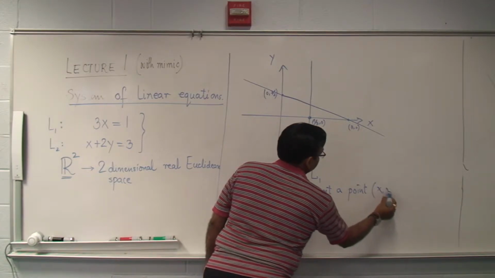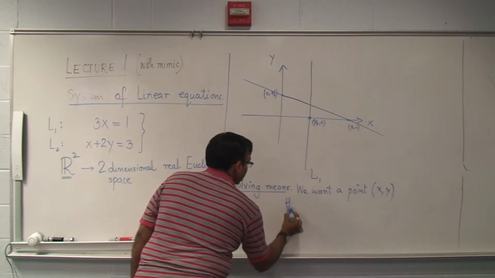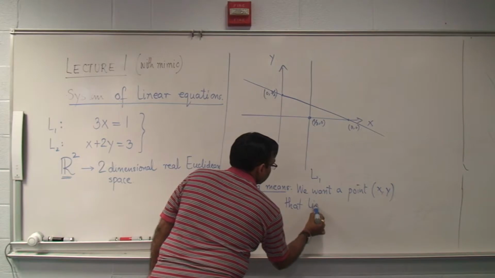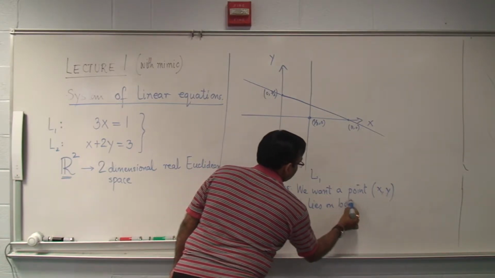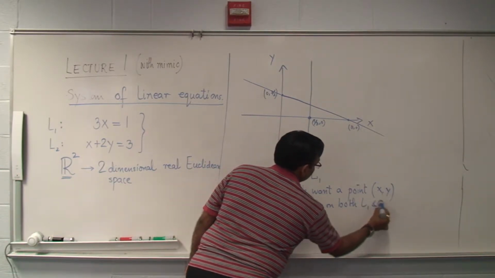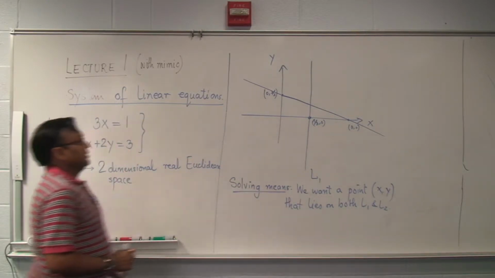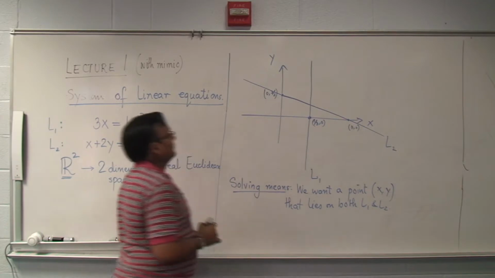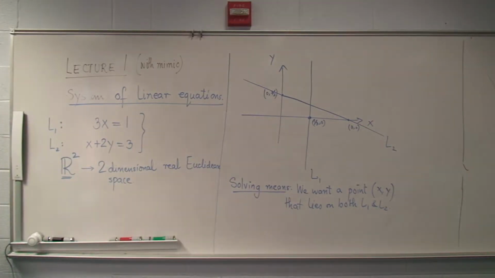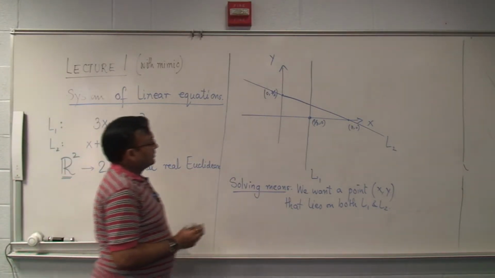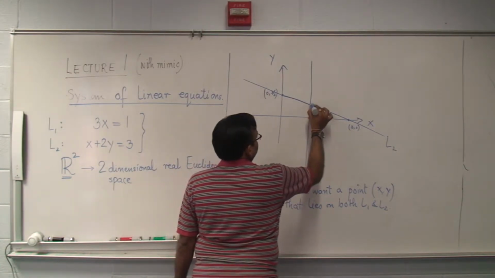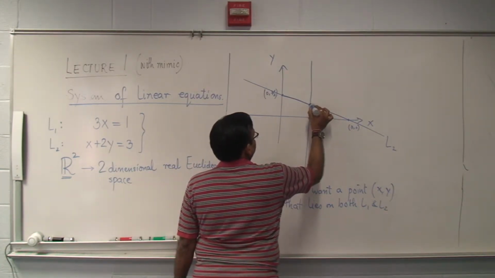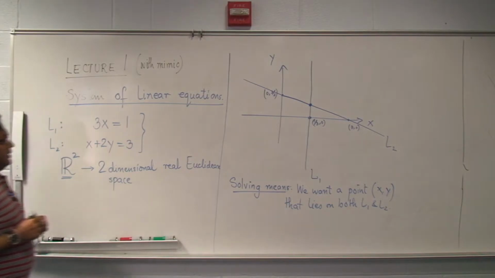We want a point (x, y) that lies on both L1 and L2. So here is my line L2, here is my line L1, and I want a point which lies on both of them. So from a geometrical standpoint, it means we are interested in knowing the intersection point of these lines.